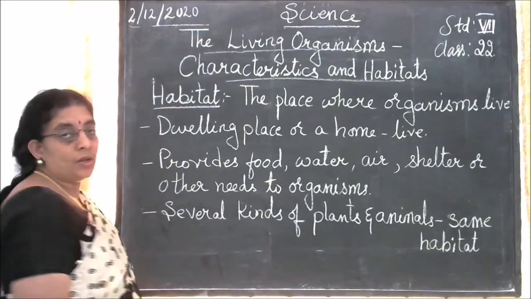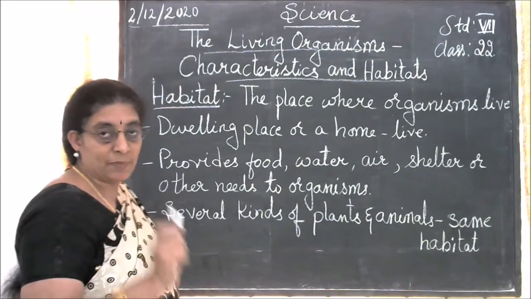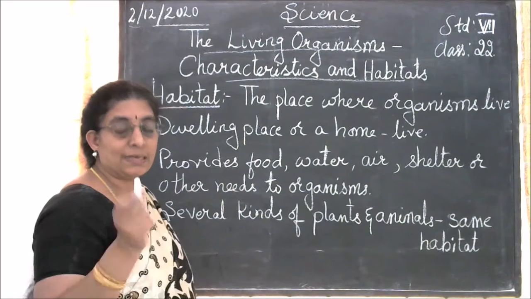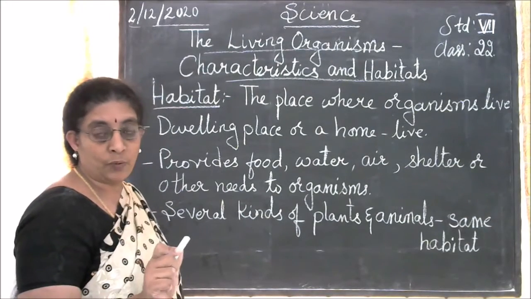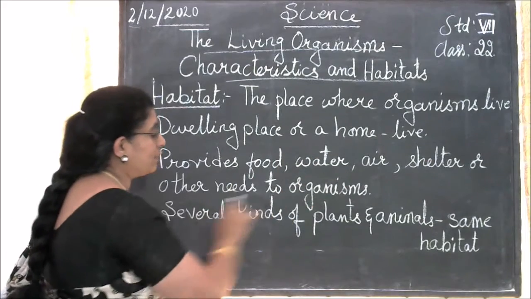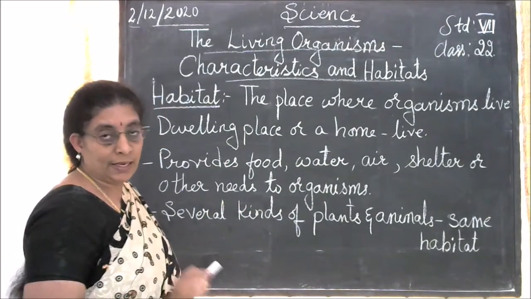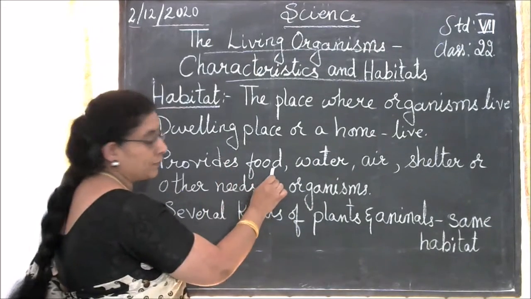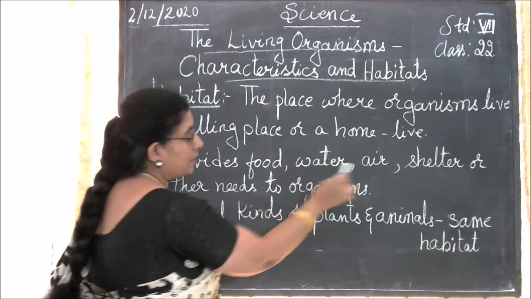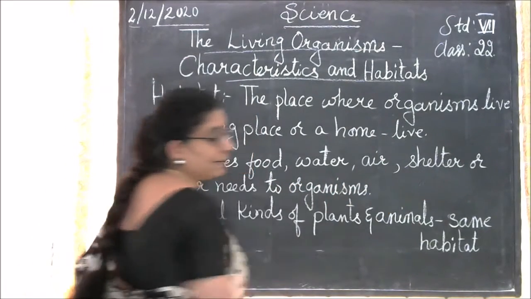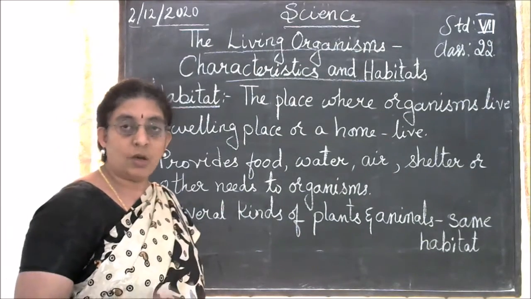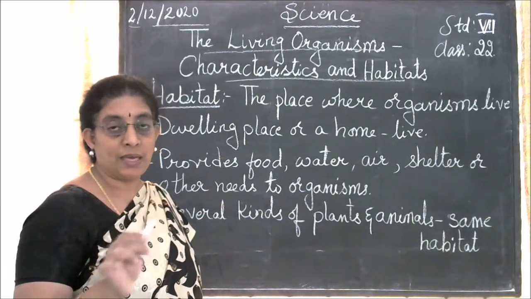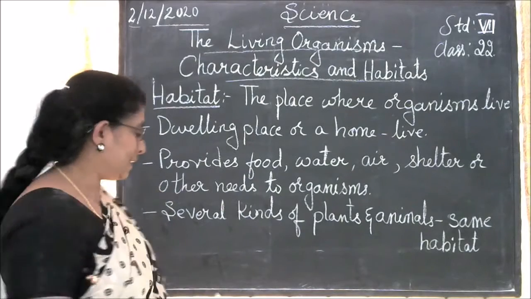Okay, so the habitat where the people, let it be the people, let it be the animals, or let it be the plants, wherever they are living, all this is present over there. So there is food, there is water, there is air, there is shelter, or the other needs which they want. Okay, so that also is there in the habitat.